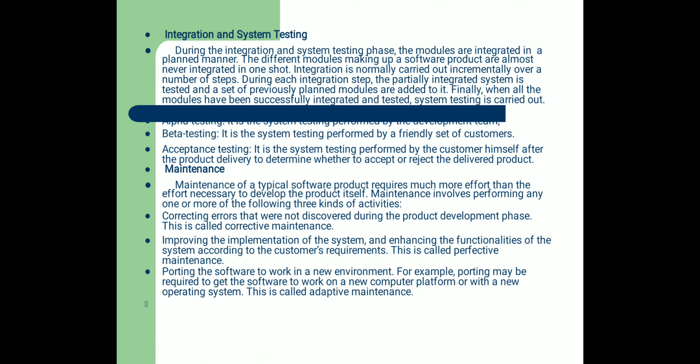The beta application is a trial version. You can see many applications release a beta version. That beta version is a trial for 1 month or 2 months. If any errors occur, or more users are getting stuck or not getting the results, we will rectify them by using the beta version.